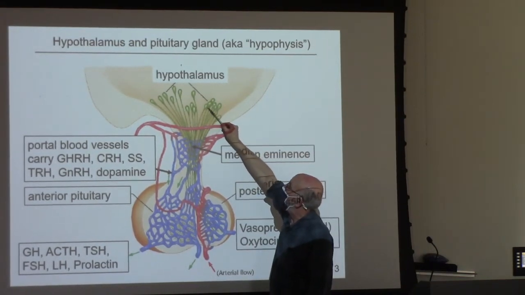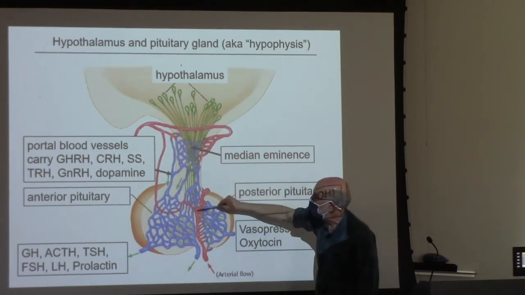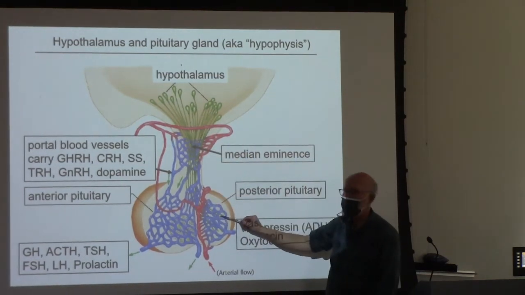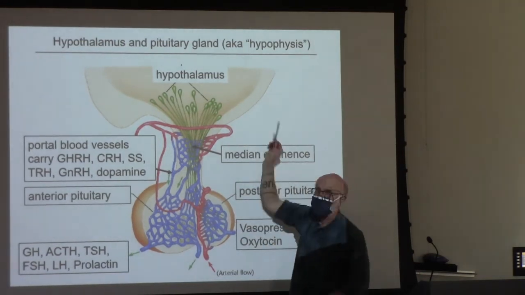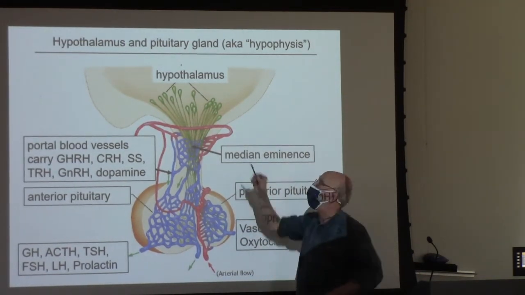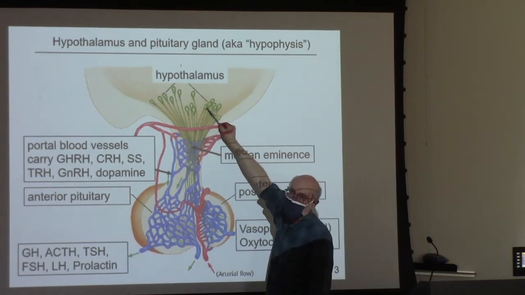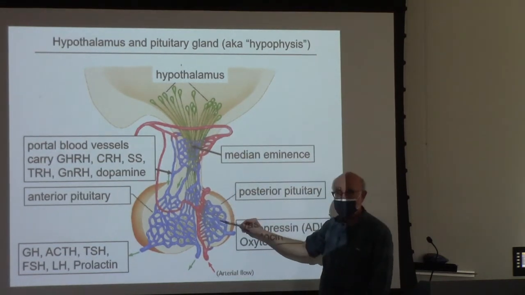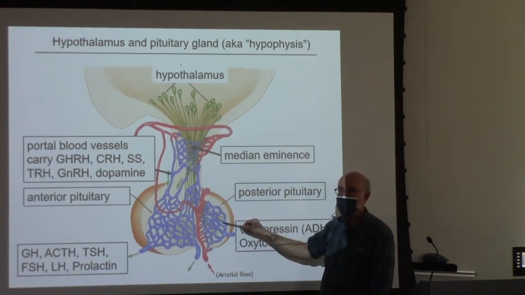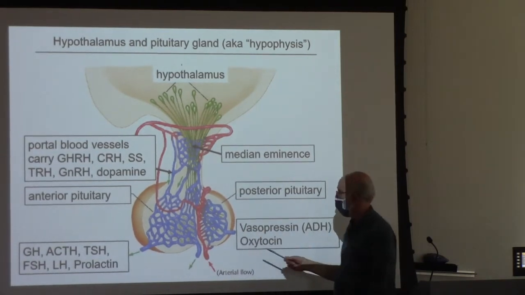Some of the hypothalamic neurons send axons to the posterior pituitary. If you look carefully, you can see green endings here. Let me say that again. Some of the hypothalamic neurons, neurosecretory cells, send axons to the posterior pituitary where they release their hormone.